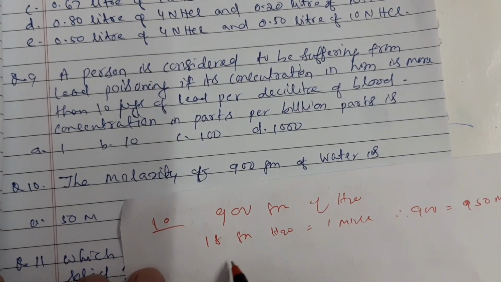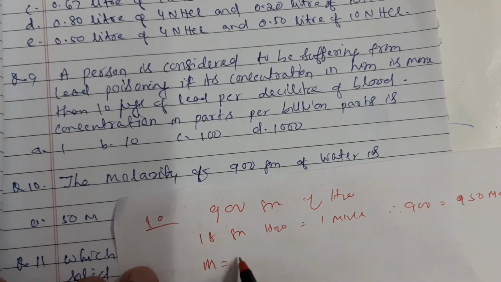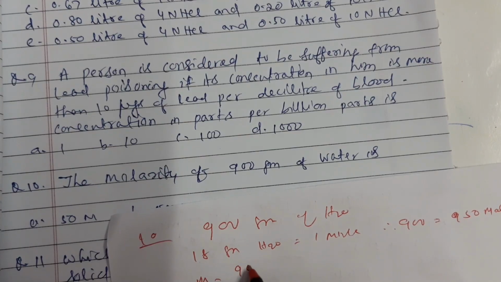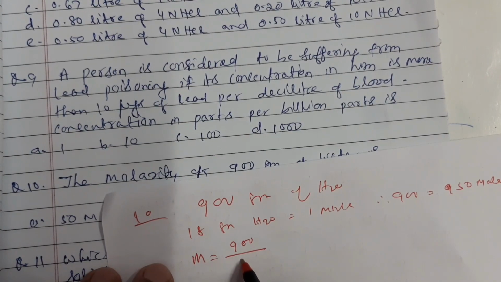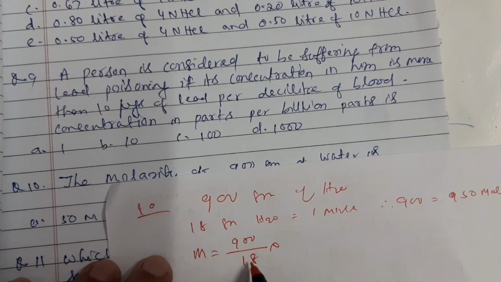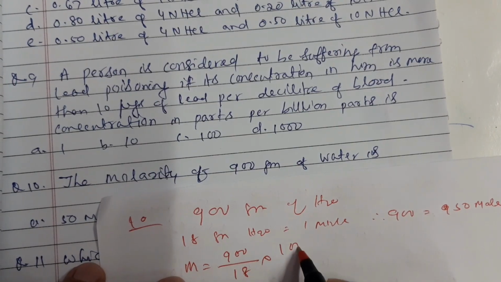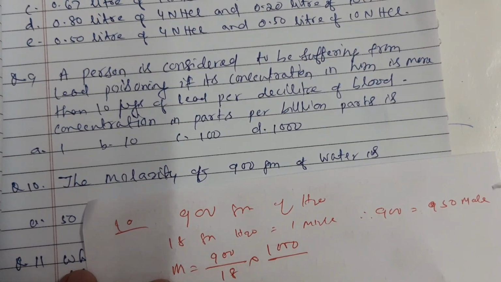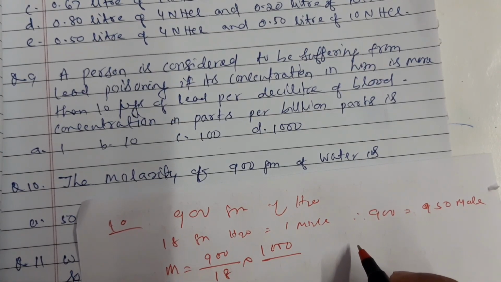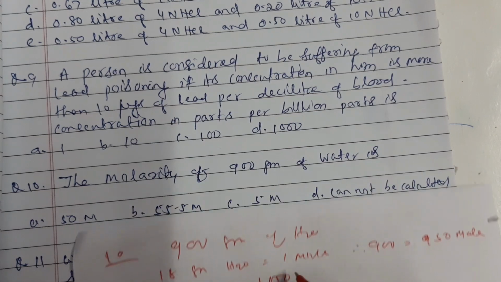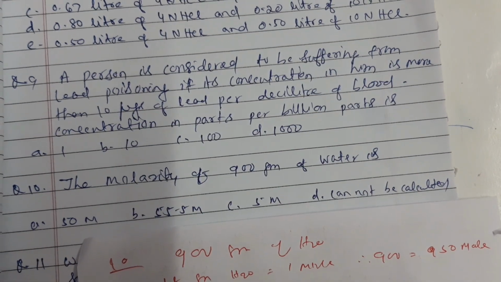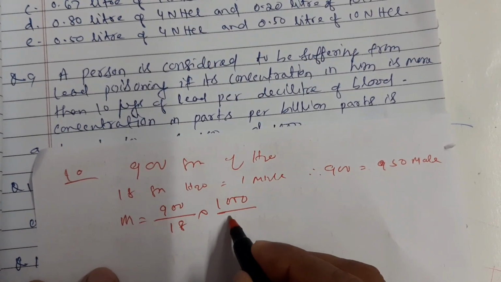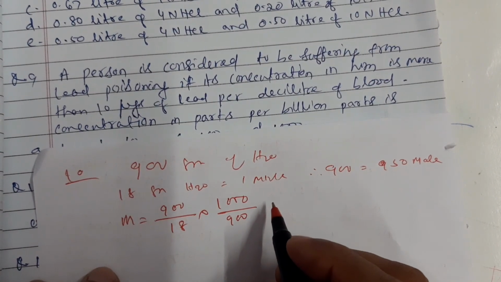The molarity is, you have to calculate, molarity is equal to 900 gram divided by 18, it is molecular mass, and this is multiplied by 1000 divided by, again, how much 900 gram of water you will take? 900 grams of the solvent you will take.